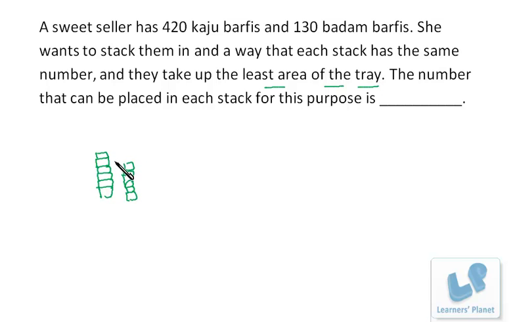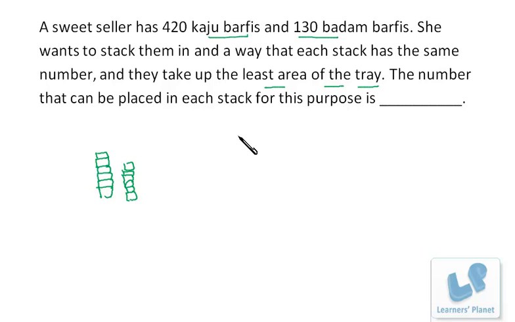That means the same number of kaju burfi as well as the same number of badam burfi, right? So we have to find out the HCF of 420 and 130. In that case only each stack will have the same number and the maximum number. So if the maximum number of burfis are there in a single stack, then only the minimum area of the tray will be covered up.